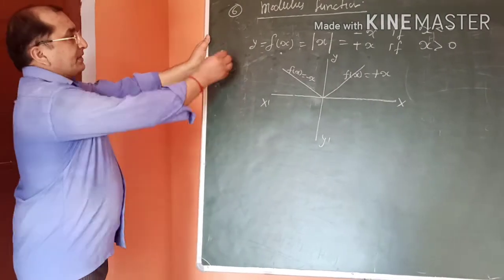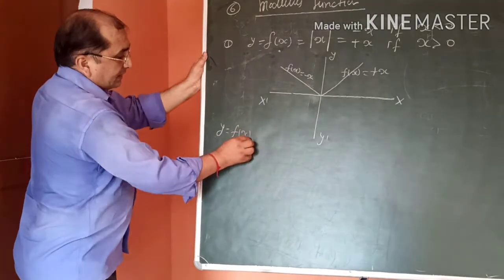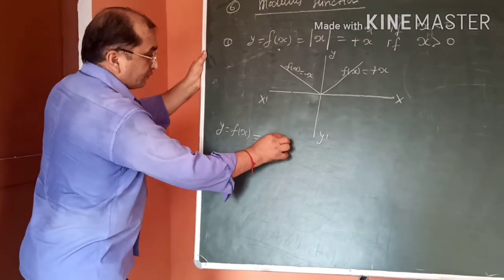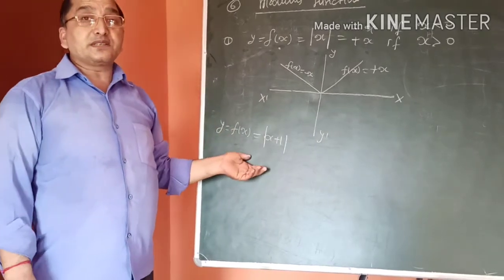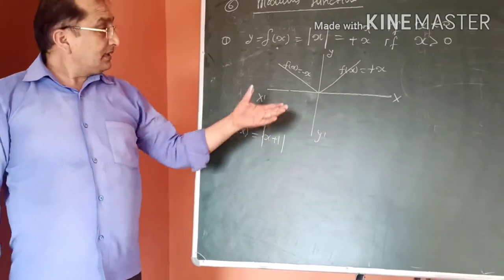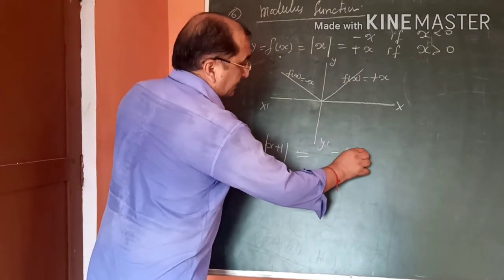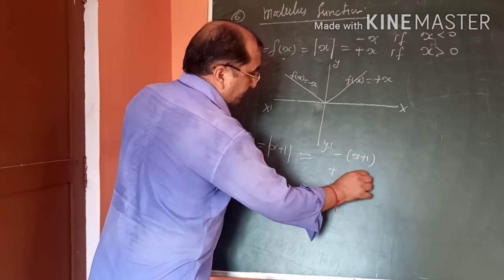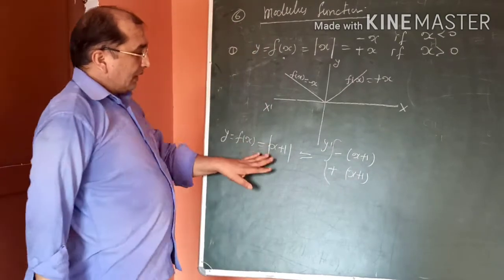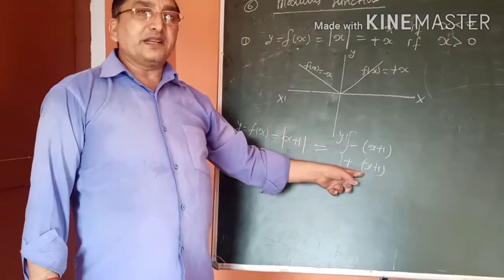And one more example, this is example number 1, suppose f of x is equal to mod of x plus 1. And how can we represent this modulus function in graph representation? Now see, mod of x plus 1 may be minus of x plus 1 or plus x plus 1.